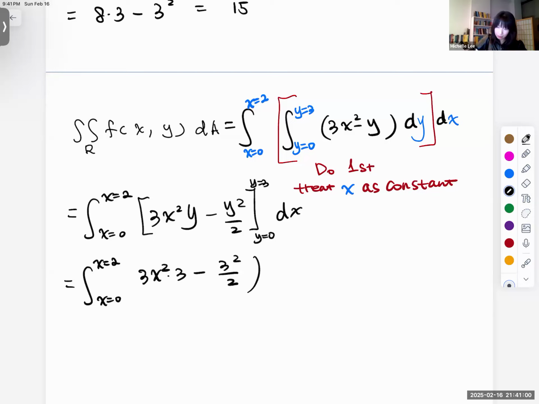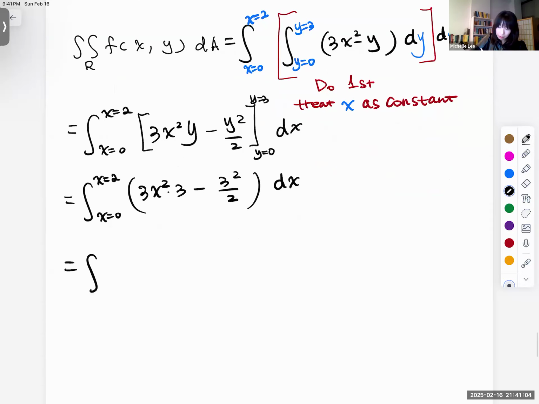Obviously, the other term is 0. So we get 9x squared minus 9 over 2, right? Okay, now we can do straightforward, right? So we want to integrate with respect to x.